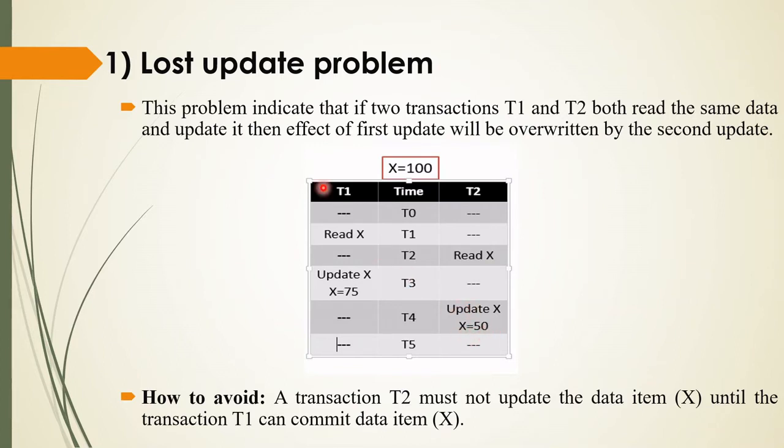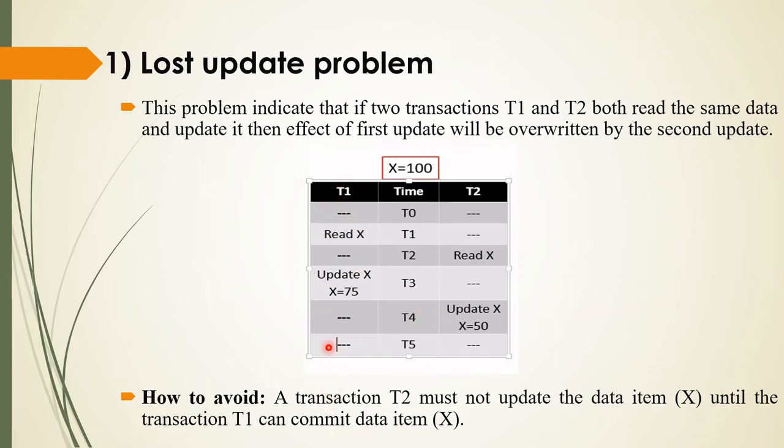Transaction T1 updated the value of X from 100 to 75, but transaction T2 updated X to 50, so that 75 is overridden by 50. That is the problem. A transaction T2 must not update the data item X until transaction T1 commits. When we commit, our data is stored.